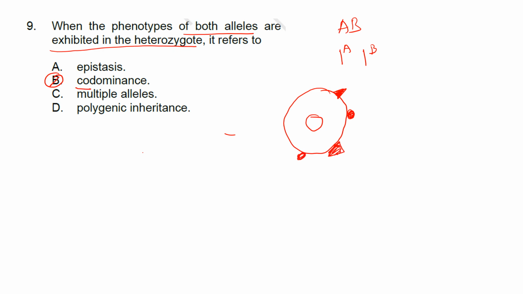So codominance, co means together. Both alleles will be expressed together in the offspring, because both alleles will be expressed fully. So that is codominance. Both alleles will be expressed fully in the offspring.